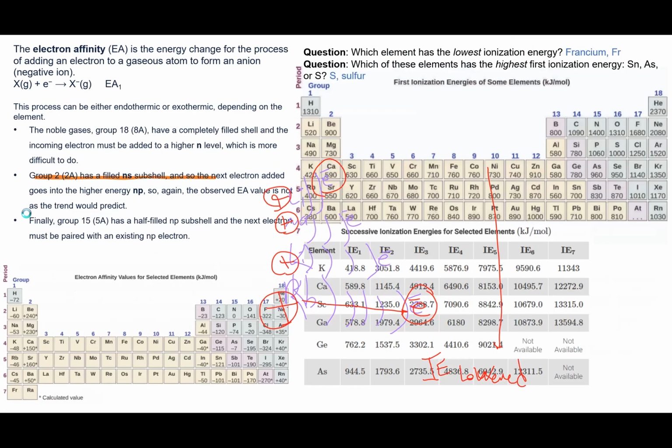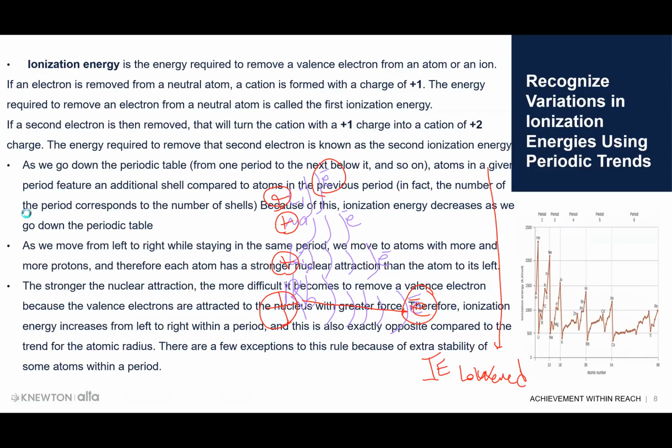So the ionization energy. What if it is in the second period, like magnesium? How would the ionization energy for magnesium look?